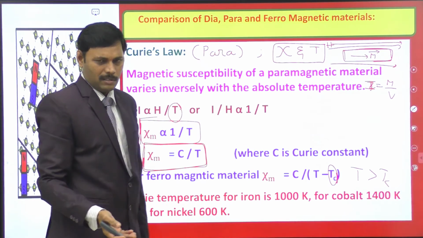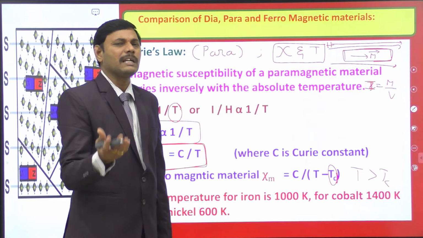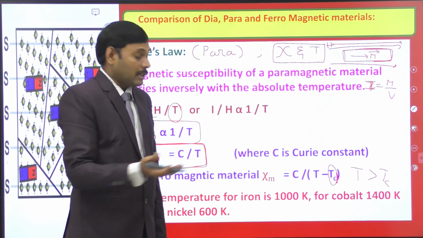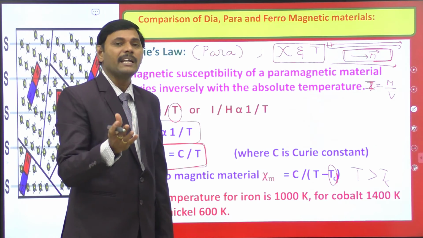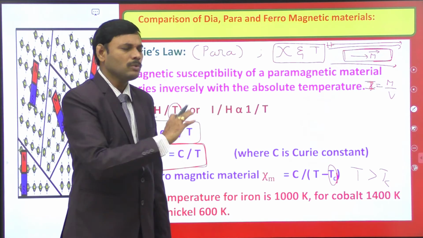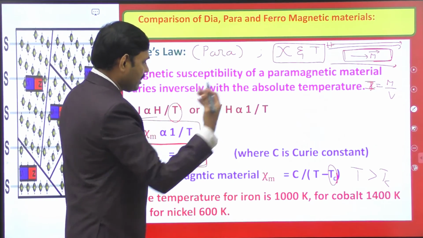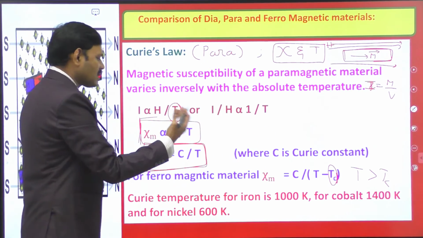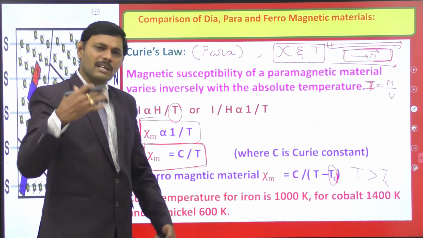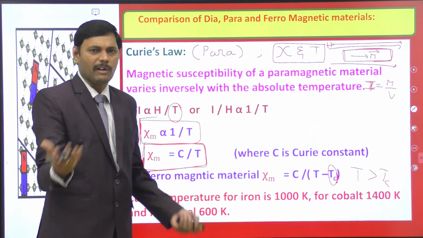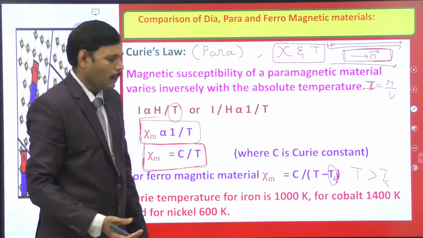We live at room temperature, around 300 Kelvin. That's why iron retains its ferromagnetic nature for useful temperatures.